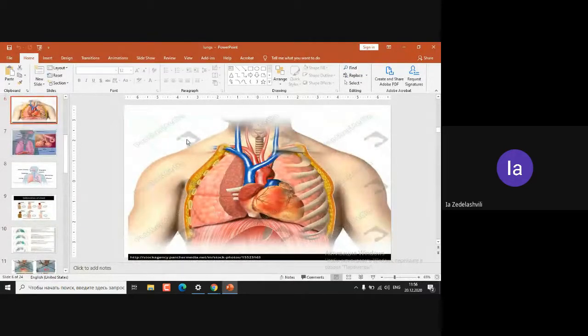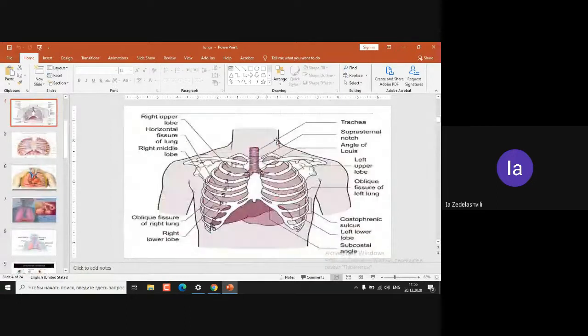Then after this examination, after the trachea, we have to check the lungs and the bronchi. But it cannot be done directly because they are inside the rib cage. So now, after palpation. Why do we do palpation? Because sometimes you cannot see deformation of the rib cage. The patient can be so fat, and fat tissue covers the rib cage, so the change in shape is not seen properly.